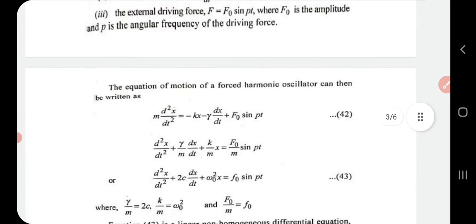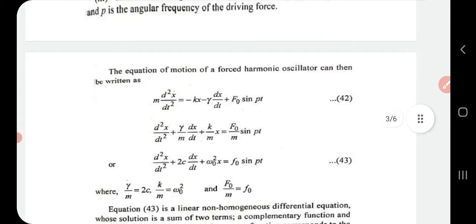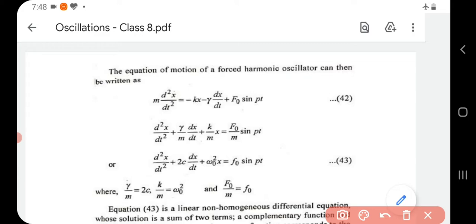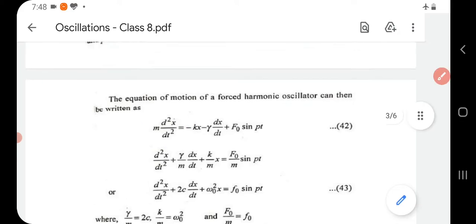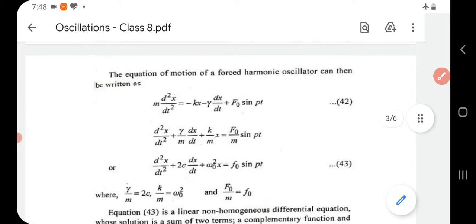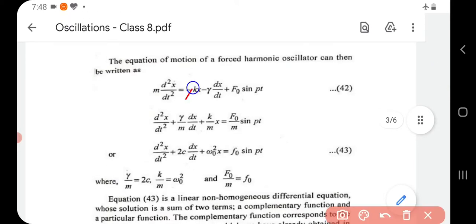Using all this, you can write the equation of motion for a forced harmonic oscillator. This is mass into acceleration, that is force. This is the damping force, minus kx is the restoring force, and this is the externally applied force. All these are written.